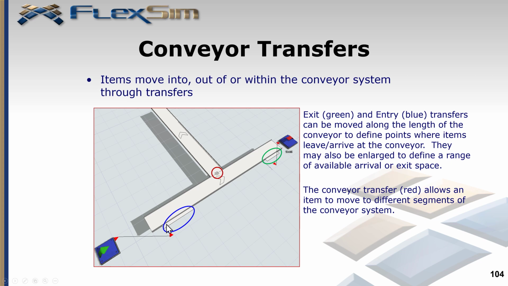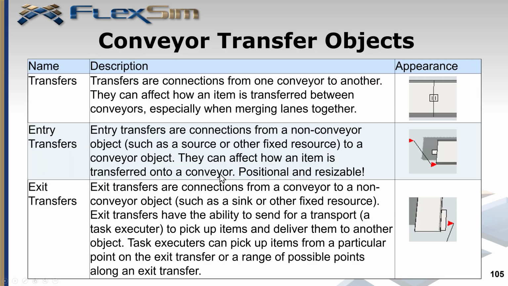Now, the entry transfer starts out as a point location, but in this graphic, it has already been dragged to become a longer section of the conveyor for the item to enter in. And here is an exit transfer, and this is what the conveyor to conveyor transfers look like. So these are the 3 kinds of conveyor transfer objects described in a little more detail, with the appearance shown on the right.